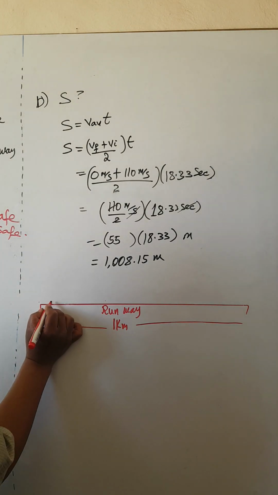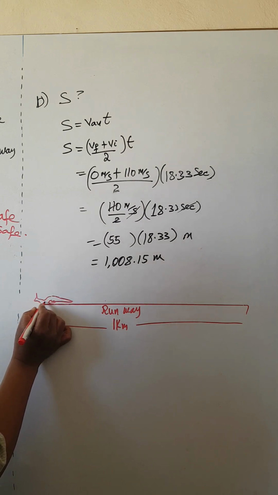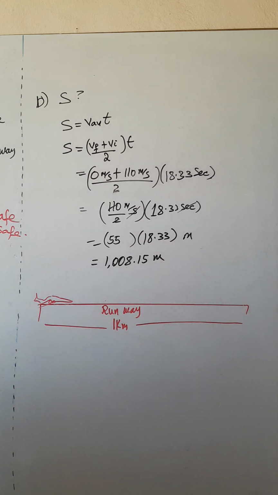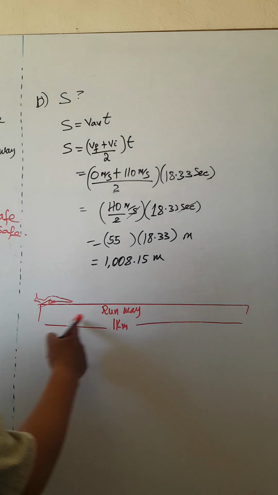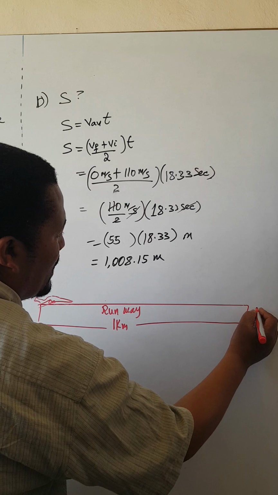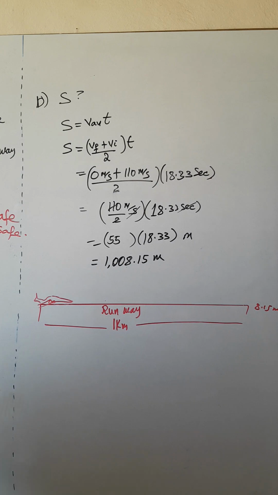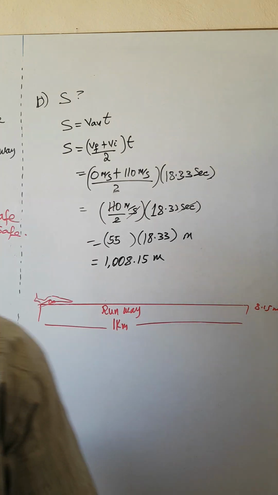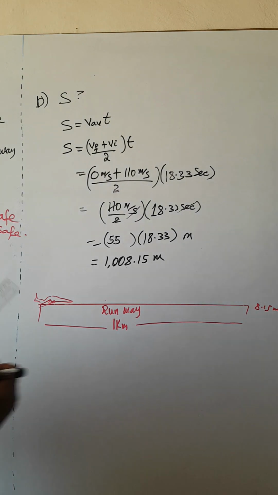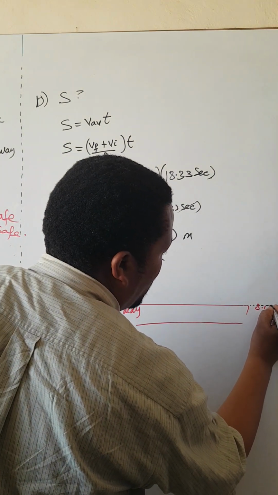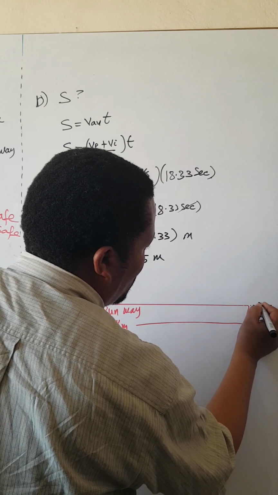Now, the aeroplane, the jet, landed here. I'm poor at drawing, okay? But according to our data, the jet will stop 8.15 meters away from the end of the runway. The jet will decelerate and stop here in the danger zone.